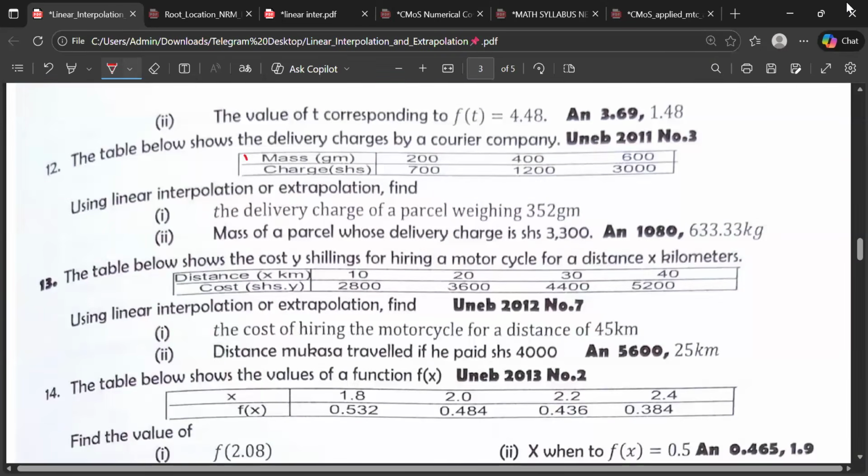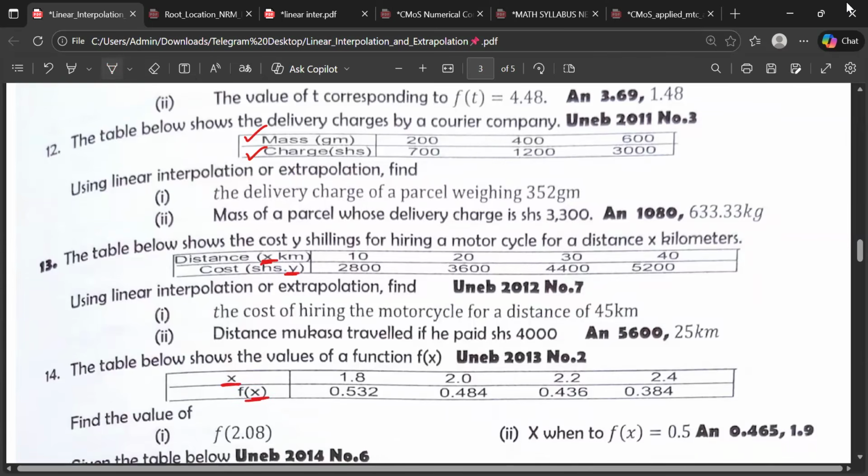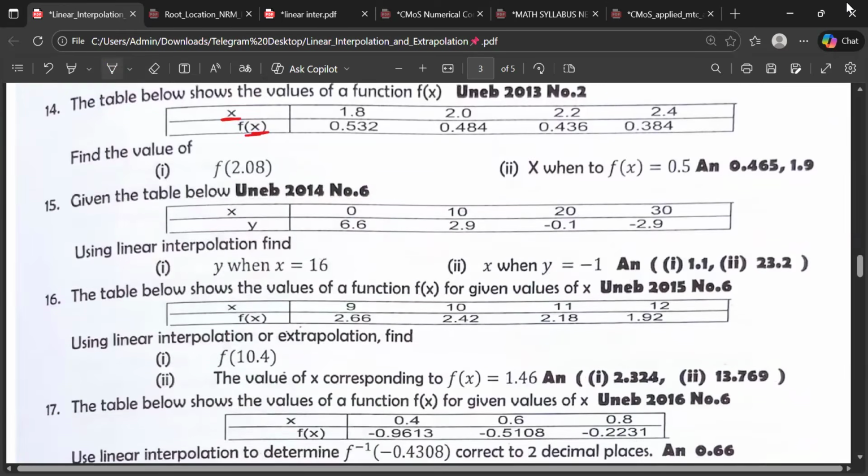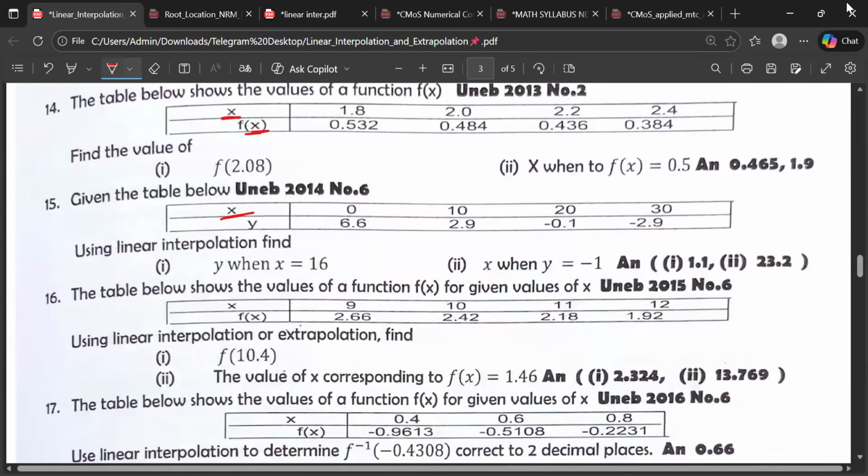Mass, you can use M. Charge, you can use letter C. They're having distance as X and cost as Y, so use X and Y. They're having X and F of X. What usually makes these things hard are the quantities they have used. This one is X and Y, obvious.